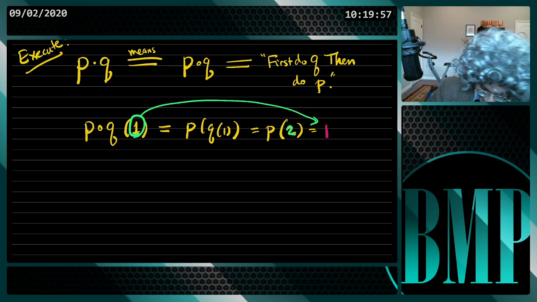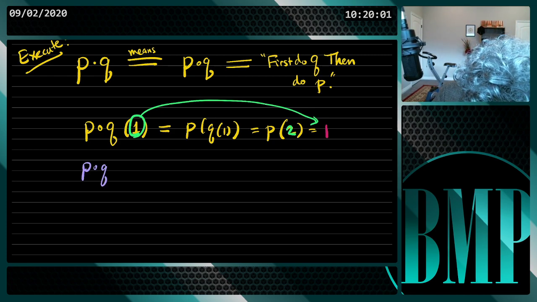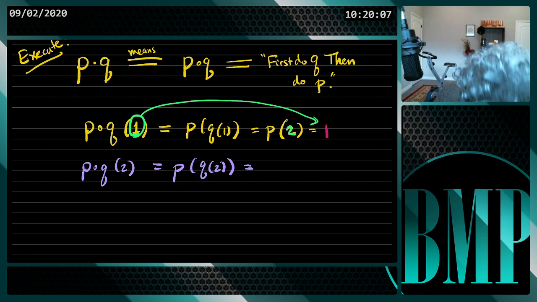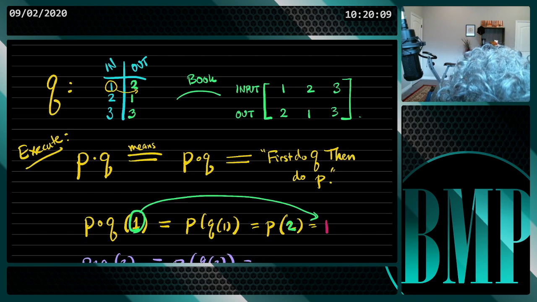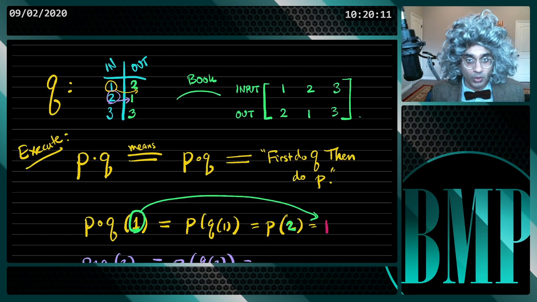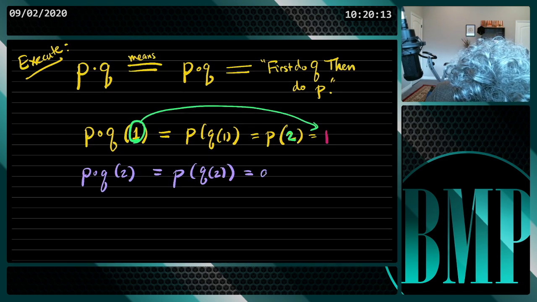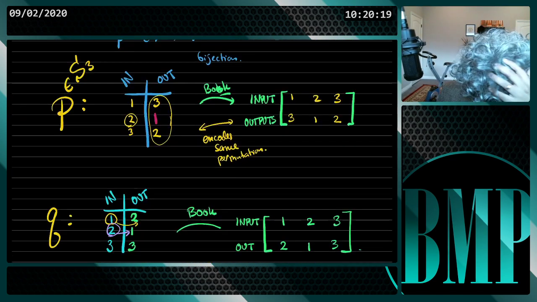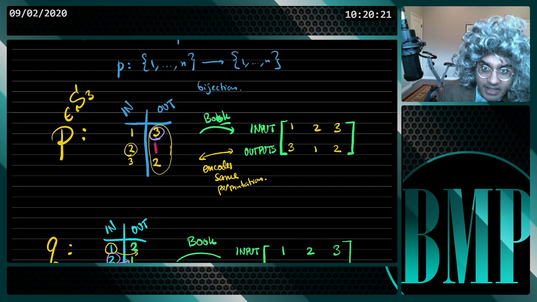Awesome. Okay, so what is P of Q of 2? Q of 2 is 1. Then P of 1 is 3.